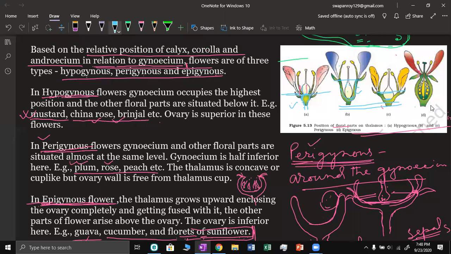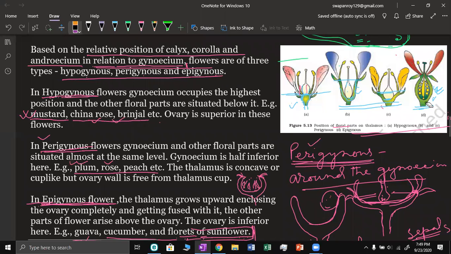Here is the fourth diagram. This is the epigynous flower. In this case, here is the ovary, and this green portion around, this is the thalamus.